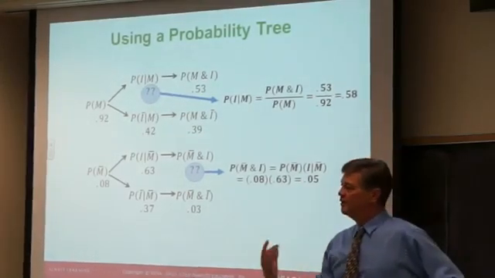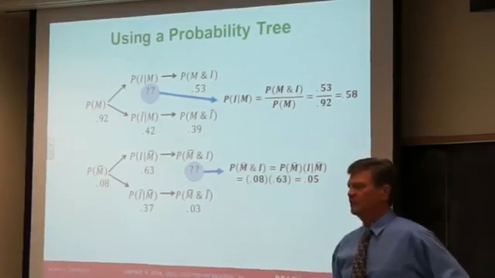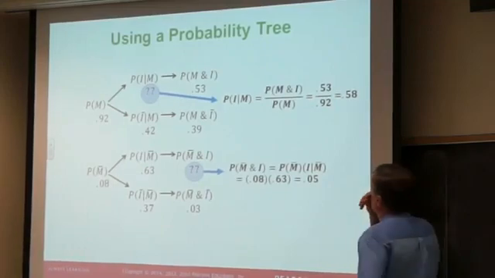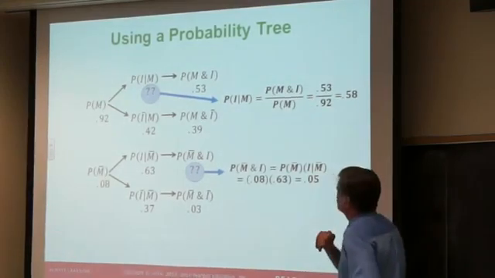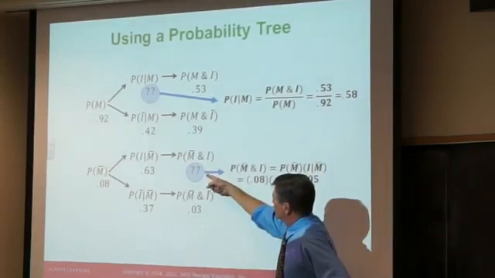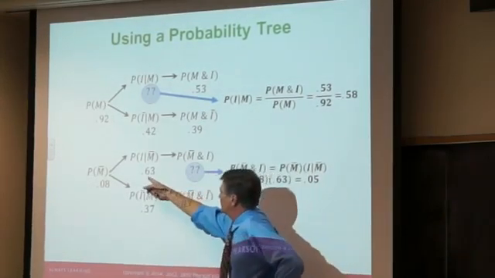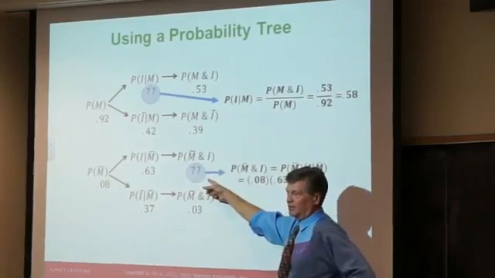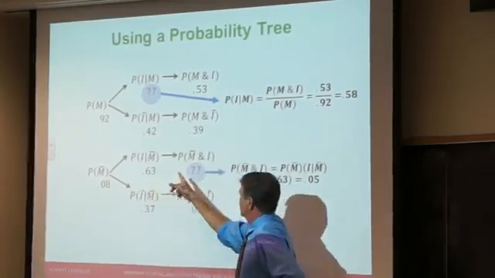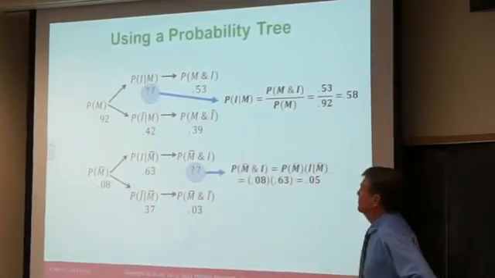That's how I find a conditional probability. That's really what we've been doing so far, dividing a joint by a marginal. Here's another example: suppose I have the conditional and I'd like to know the joint. Well, I know this times this equals this. I get the 0.05.